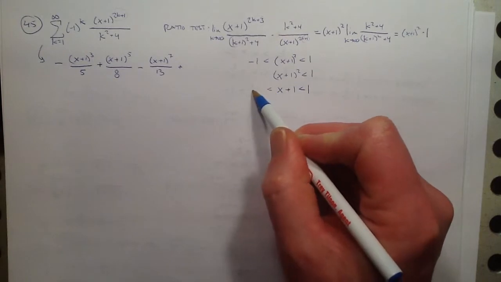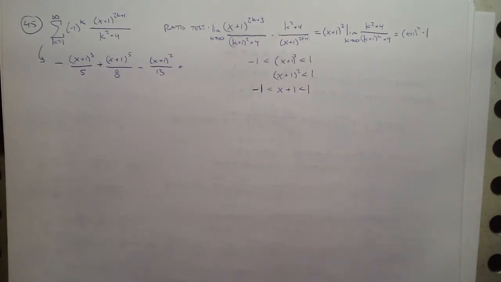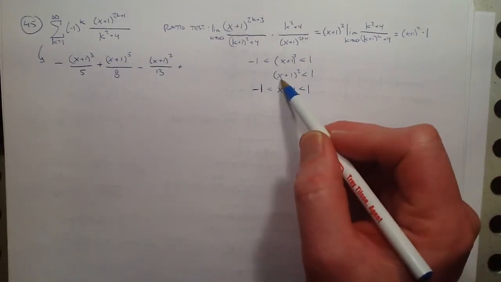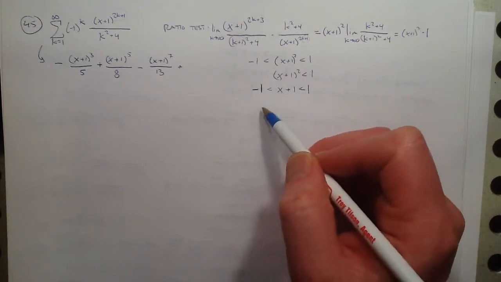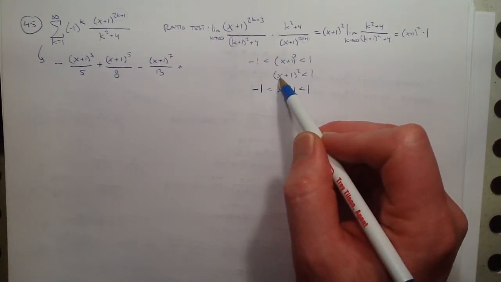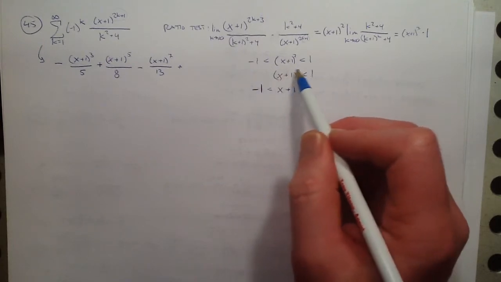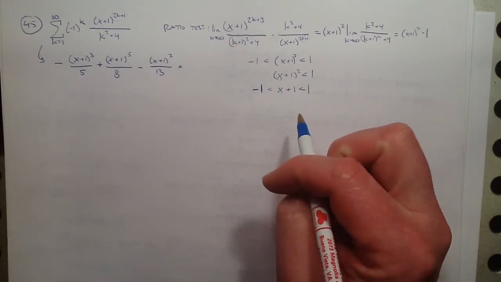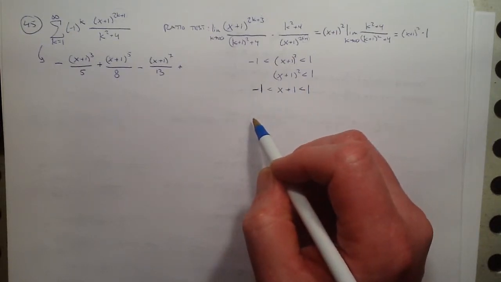So these are the negative numbers that you could square and still get something less than 1. For example, if I plugged in negative 1/2, I'd still get 1/2 here squared. That works. Negative 9/10, that works. 0 works. So we're good inside this interval here.